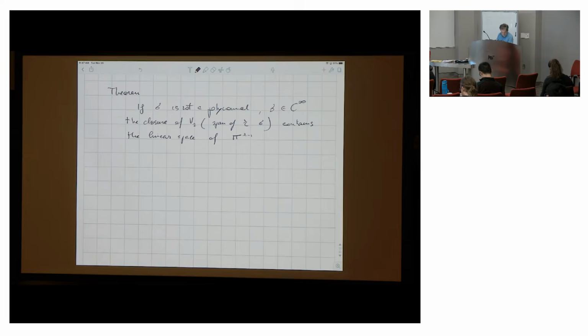And the proof is very simple. I consider the linear combination of two units.